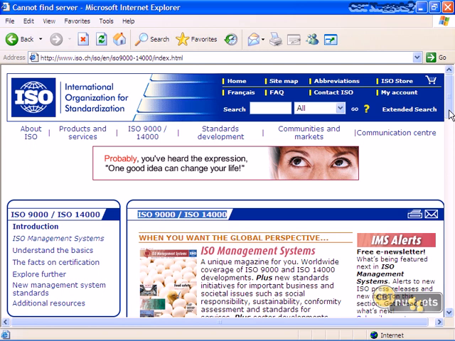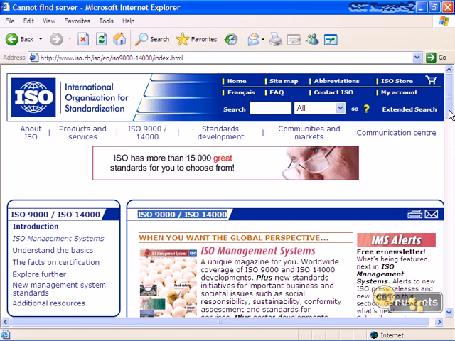Now, the ISO certificate that's given out doesn't give an absolute guarantee, but it does indicate that the supplier is taking quality assurance seriously and is ready to talk about it at any time.